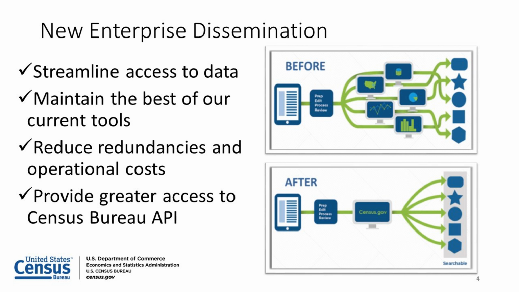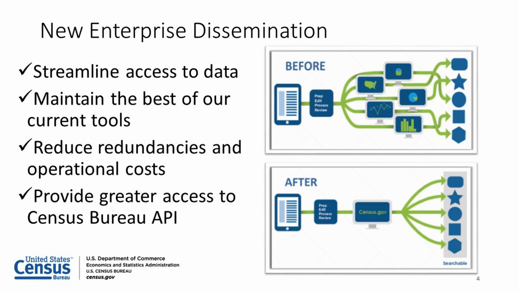We also want to take the best of the current tools. We have some great mapping software that's being used by things like Census Business Builder. We have things like My Congressional District that people use a lot and even put widgets on their web pages. We don't want to take away those tools, but we want to take the best and the brightest of those and put it in this platform so that all data, not just the data available in these apps, could have this kind of functionality.